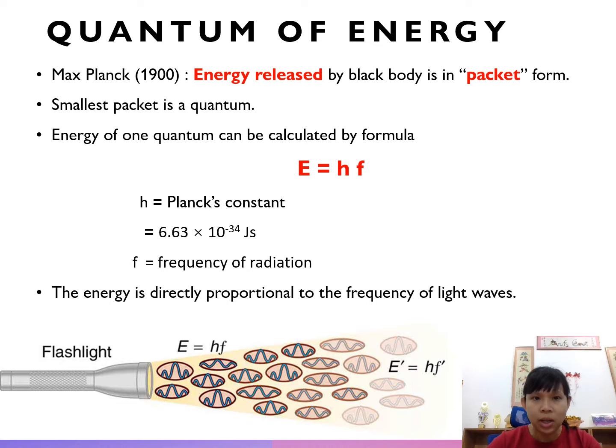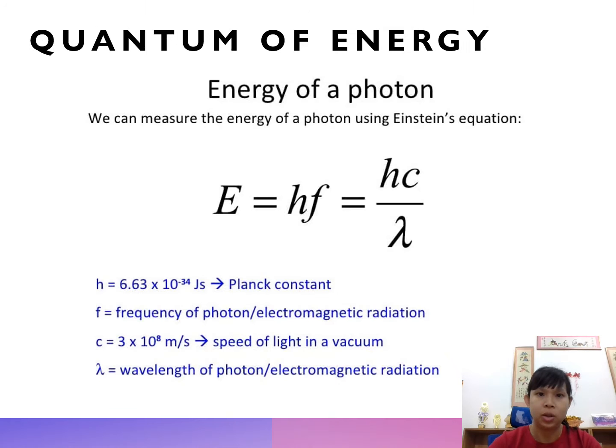In order to calculate the energy of one quantum, we can use the formula E = hf, such that h is the Planck constant with the value of 6.63 × 10^-34 joule seconds, and f is the frequency of radiation. From this formula, the energy is directly proportional to the frequency of the light wave.